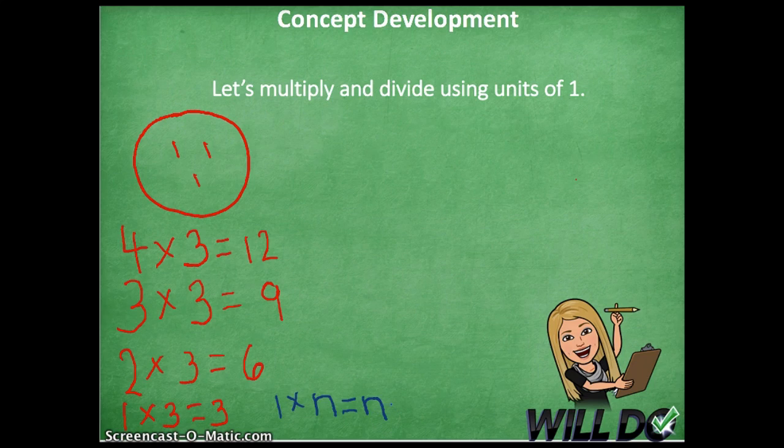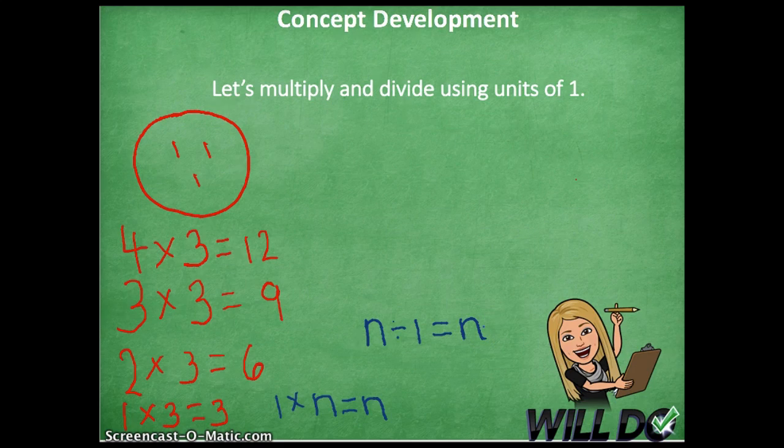Talk to your learning guide about why this equation is true and how it works. Can we relate this to division? We can. We have n counters within the group. We divide it up by 1, and we still have the same number.